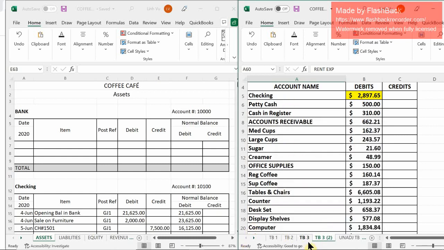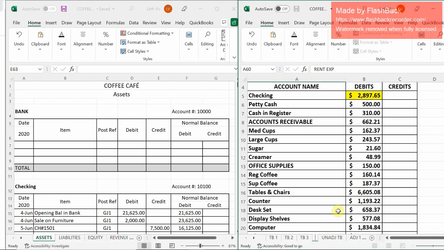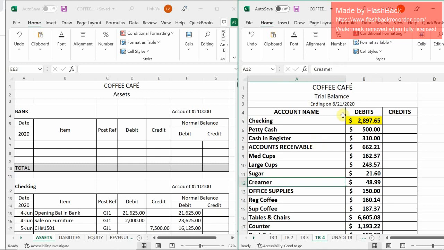So now I created a duplicate spreadsheet of the same exact table. Now I can double click on this and change the title to make this say trial balance 4. I'm also going to make some other changes, for example the date, because we're doing the trial balance as of June 28th.